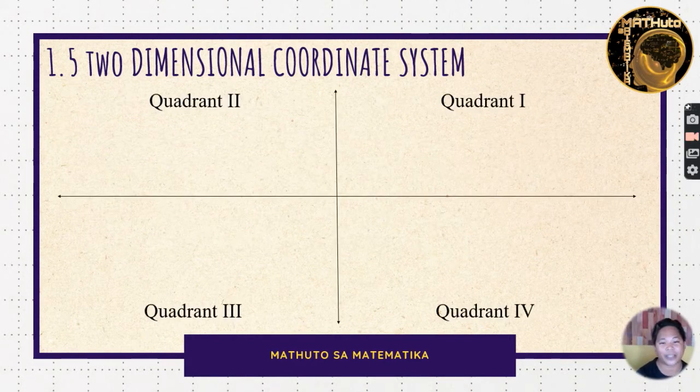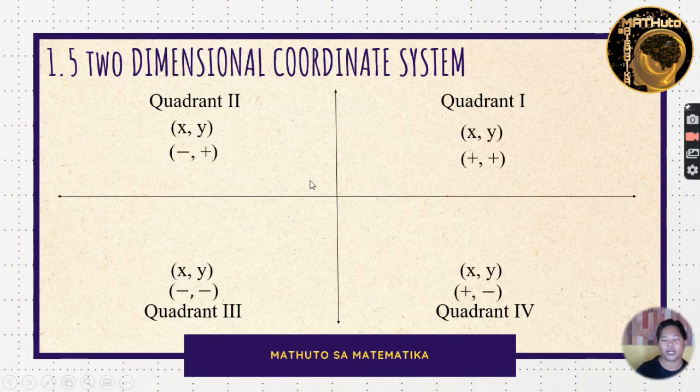If you're going to present two-dimensional coordinate system, we have x and y axis po. So the horizontal line represents the x-axis and the vertical line represents the y-axis. So we have 4 quadrants here. So subdivided into 4 quadrants. For quadrant 1, both x and y are positive.